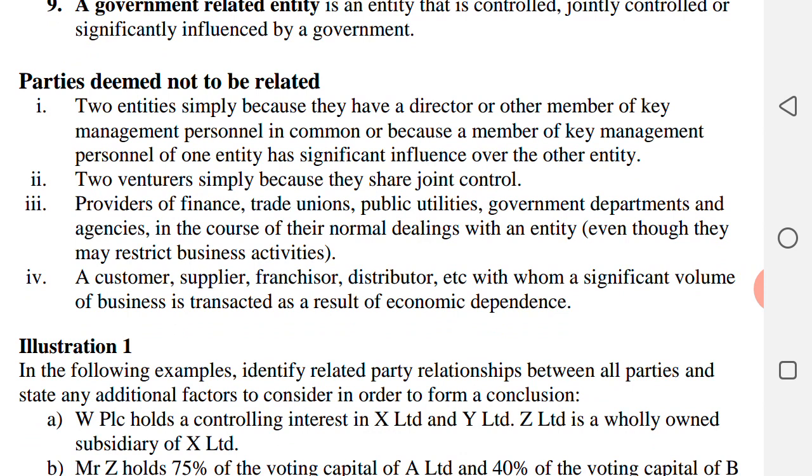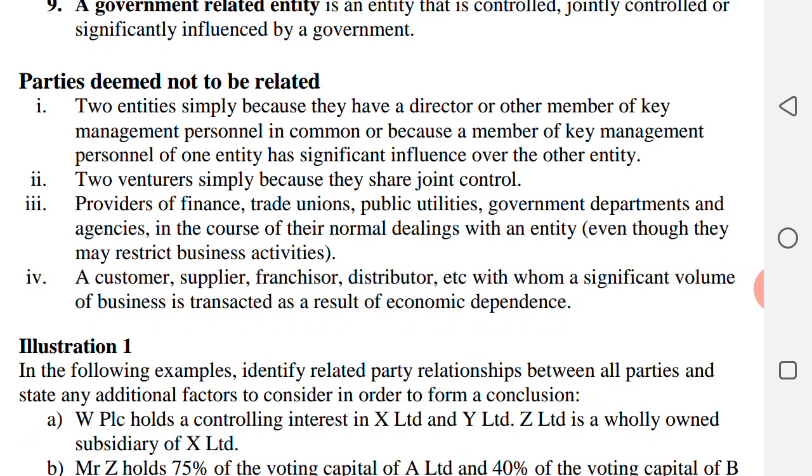Both of them share the same key management personnel. If the two entities do a transaction, they are not related parties, just because they share the same key management personnel.